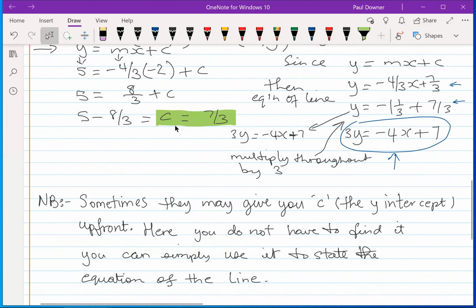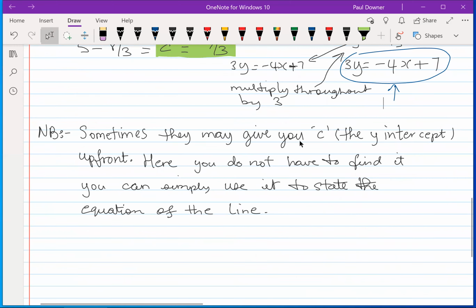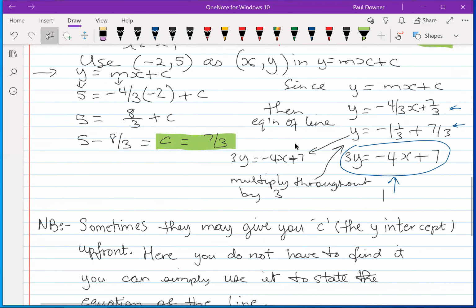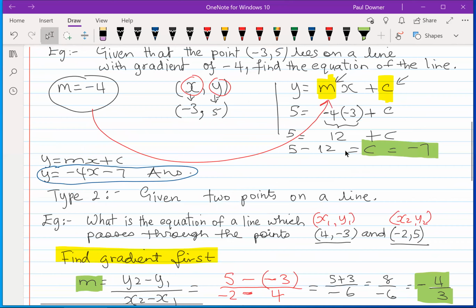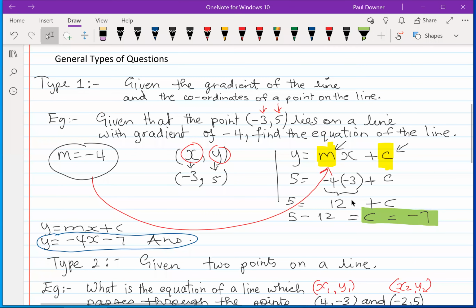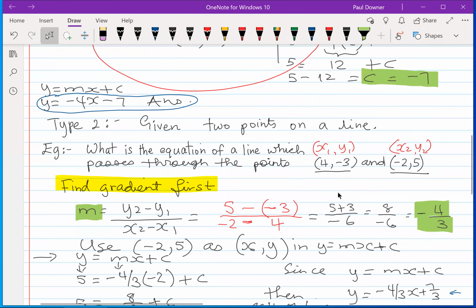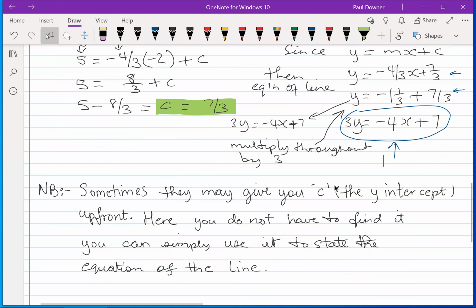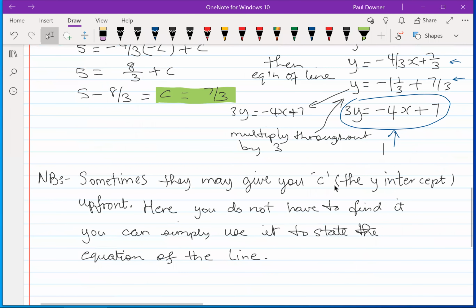I've seen questions sometimes where they give you C, which is the y-intercept, up front. Notice in both of type 1 and type 2, you had to find C. Sometimes, very infrequently, maybe 1 or 2% of the times, they structure a question where they may give you C up front. That is the y-intercept up front.